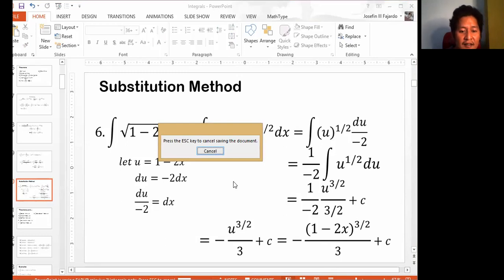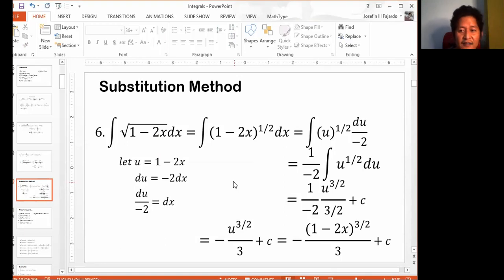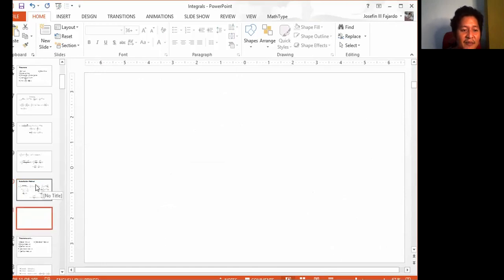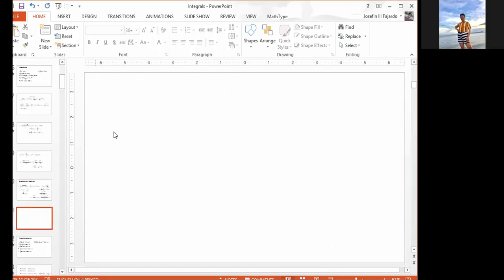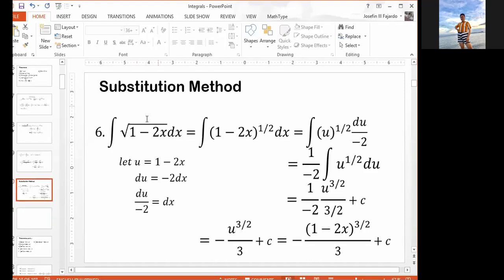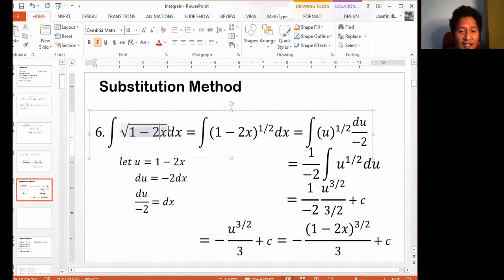Wala. Wala. So, ibig sabihin, naintindihan. Pero sana naman naintindihan nga. Medyo gawa tayo na isa pang example na medyo mas challenging ng konti. Ang bilis na ng pangyayari kasi.